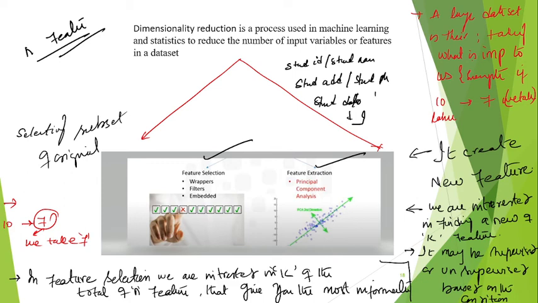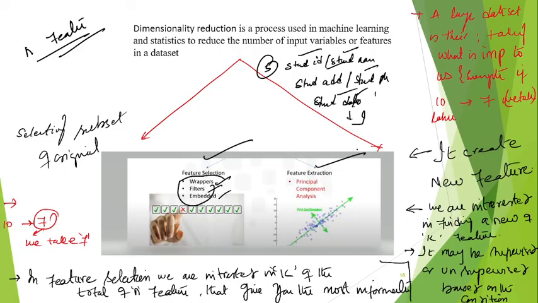Feature selection is that if I've got 1, 2, 3, 4, 5, 6 attributes, I can select 5 attributes which are very important to me and give me the output. The same way, if I have got 10, select which 7 give me the best output. That is called feature selection. You have got filter, wrapper and embedded methods in that one.